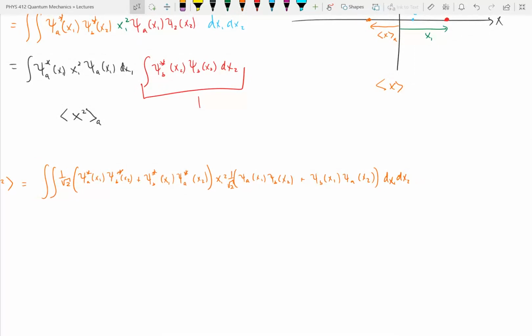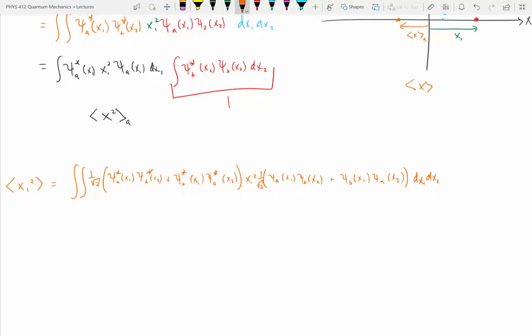And it's more complicated. If we multiply these through, I'm going to have that and that.